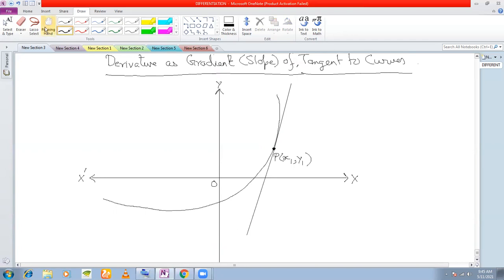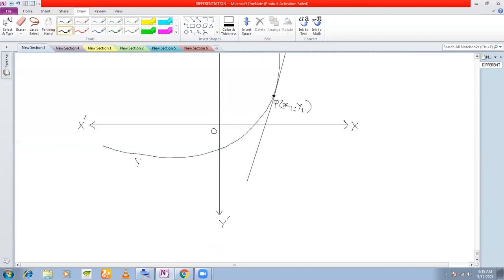So suppose the equation of this curve is y is equal to f(x).